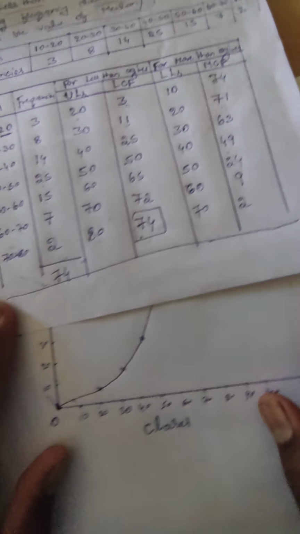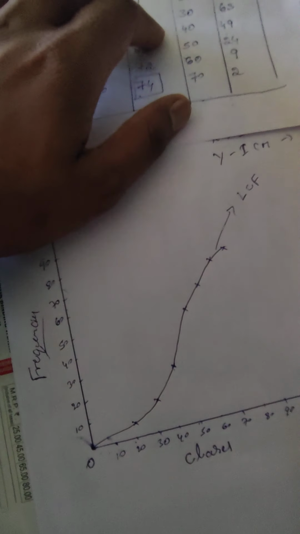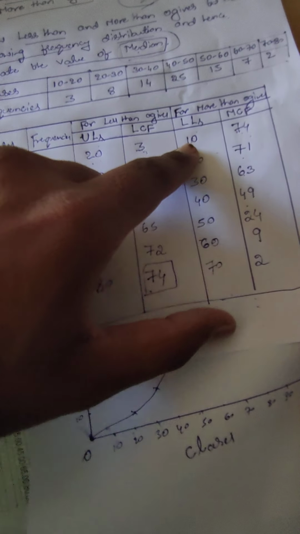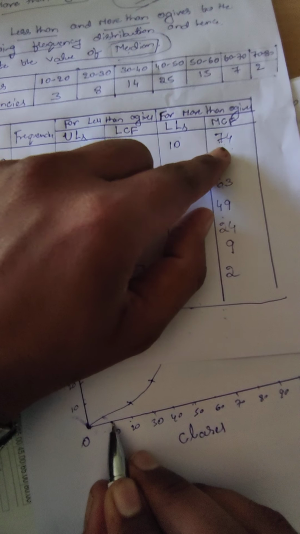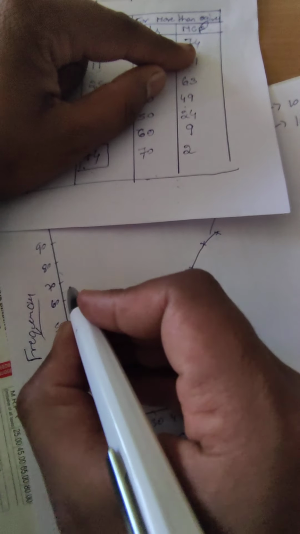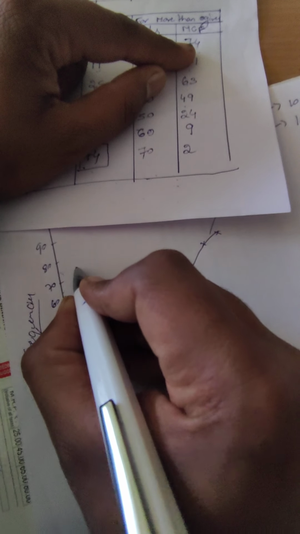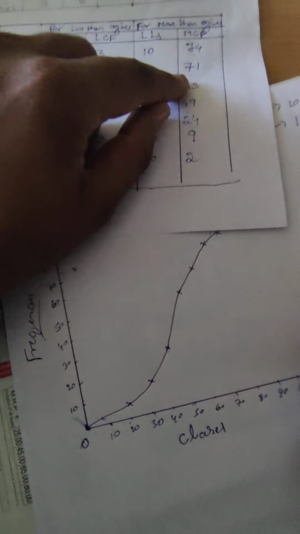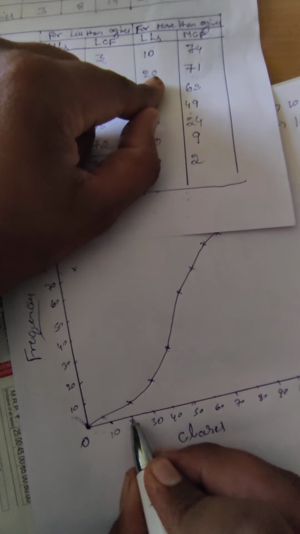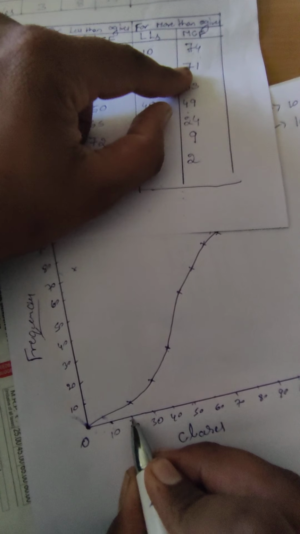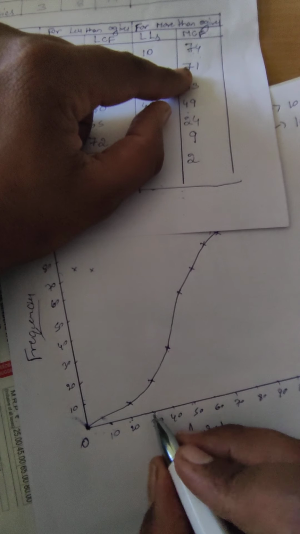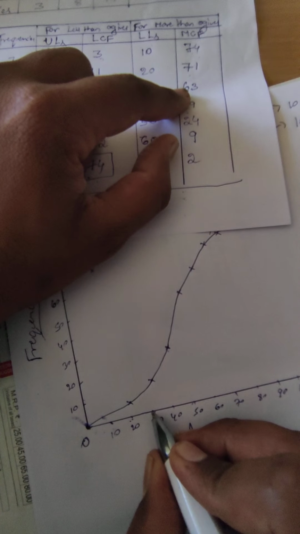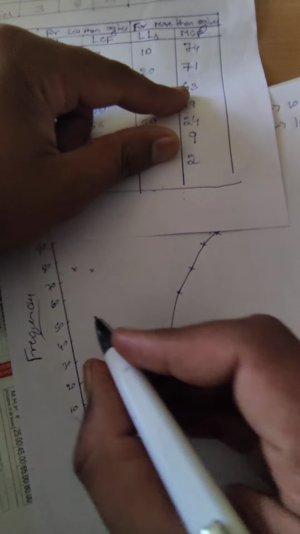means lower limit 10. First limit is 10. The more than cumulative frequency value is 74. So we have to mark for 74. Next, for 20, the value is 71. For 30, the value is 63.